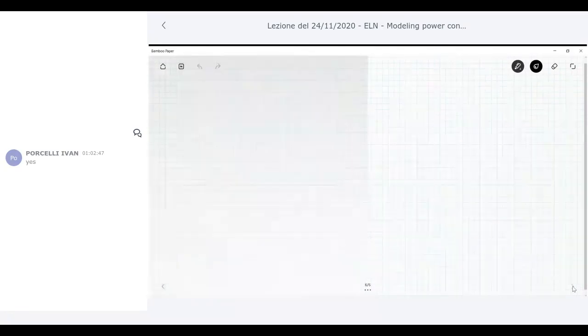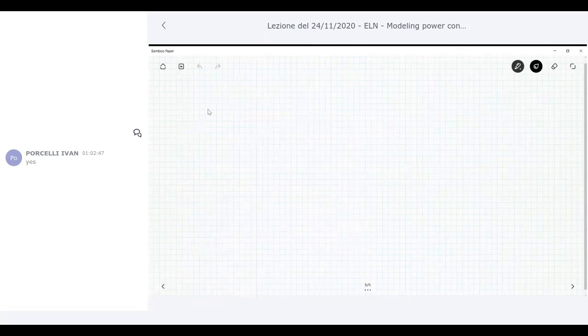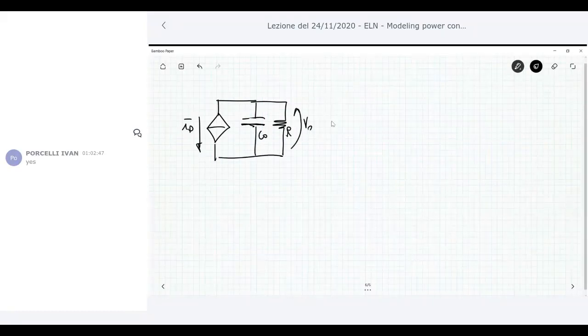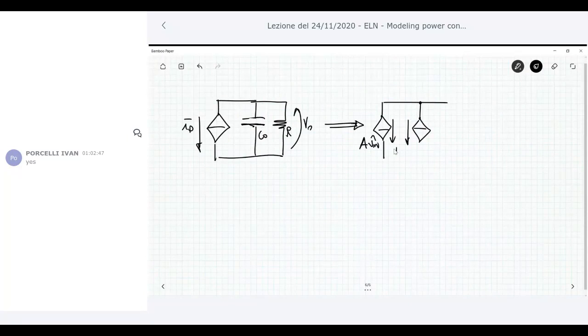In my previous model, the original average current ID in the average circuit can be replaced in small signal analysis by 3 sources: the source which is A V in, another source which is B duty cycle, and another source which is C V naught.